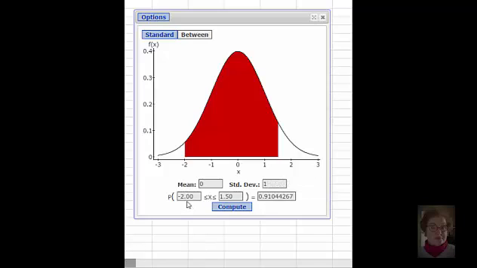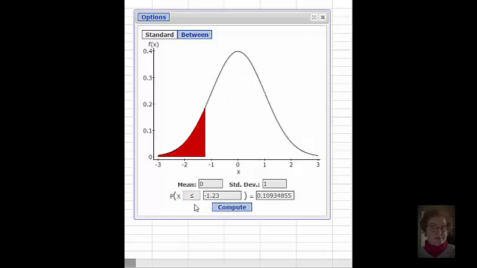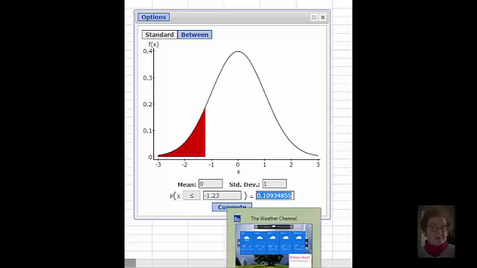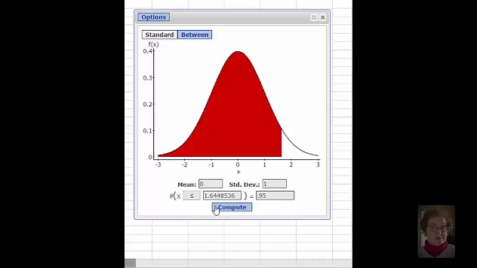And 95th percentile is below, so I'm going to click the less than or equal to button, and then I'm simply going to do my probability as 0.95. And when I do that, I get 1.6448536, and that rounds to 1.645, just like it would have if we did the table.